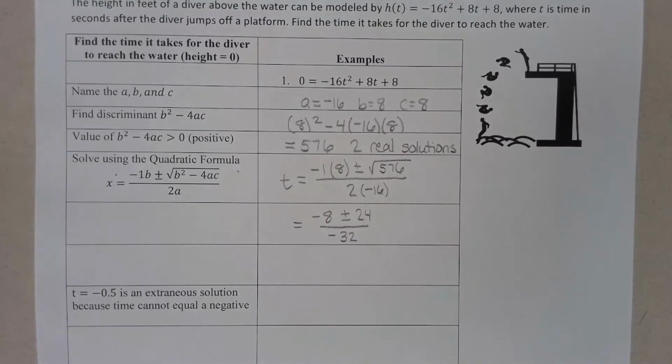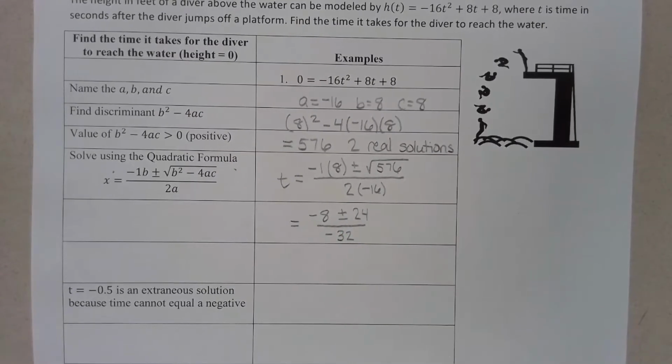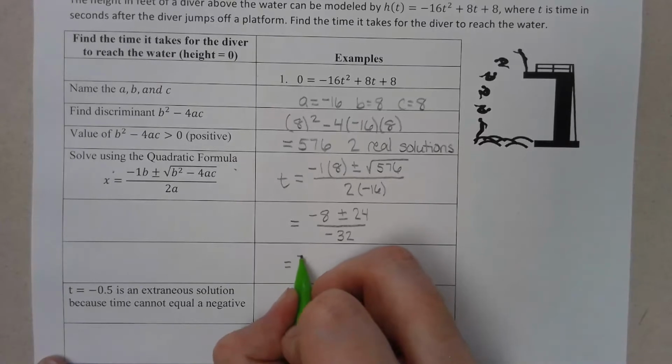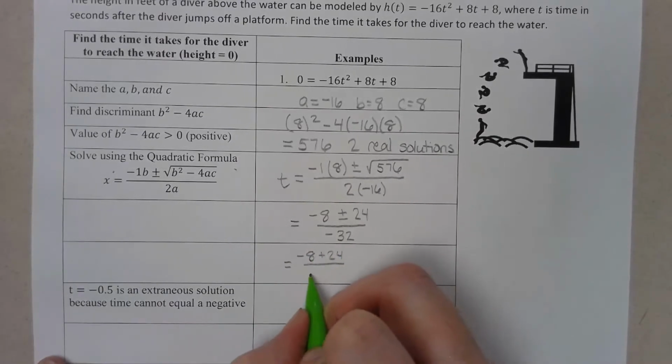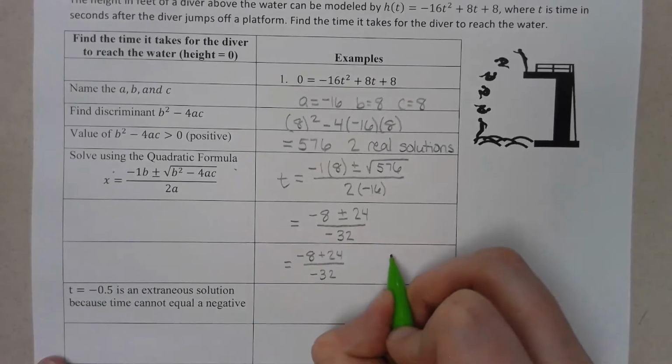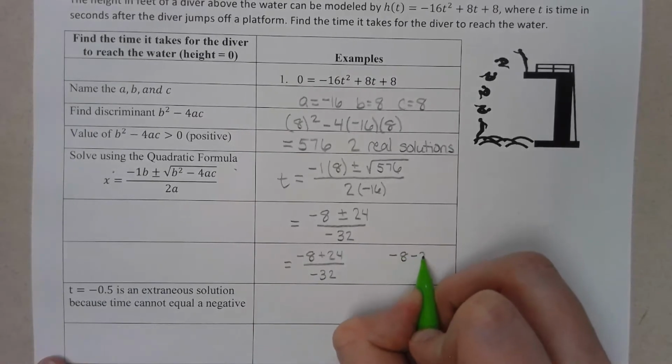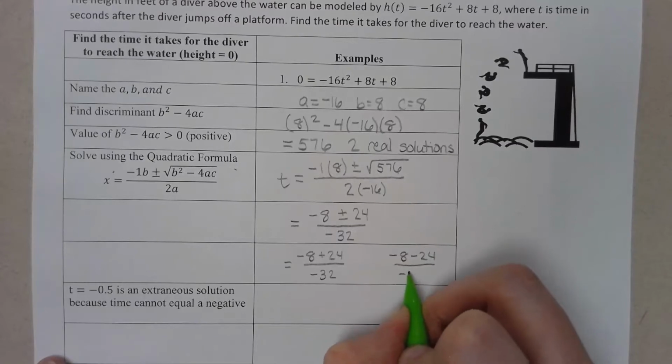So once you set up the quadratic formula, begin just simplifying. We've done that so far, multiplying, taking the square root and multiplying. Now our next step is to do this addition and subtraction. In order to do so, we'll need to make two equations. So negative 8 plus 24 divided by negative 32, and negative 8 minus 24 divided by negative 32.